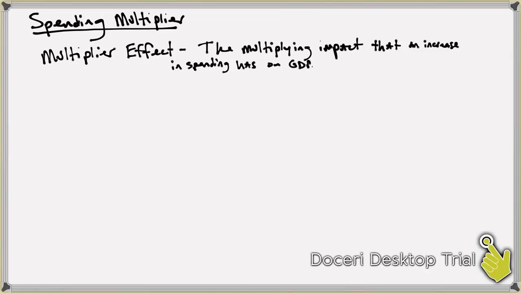So if we were going to use an example along with this concept, let's say that Bill spends $1,000 to buy hot dogs.